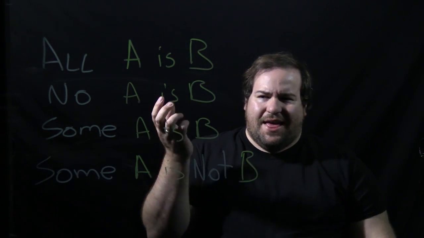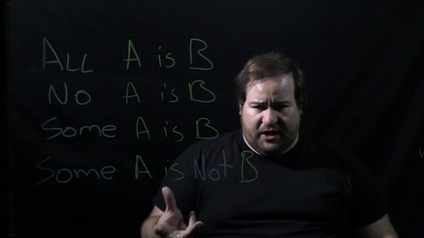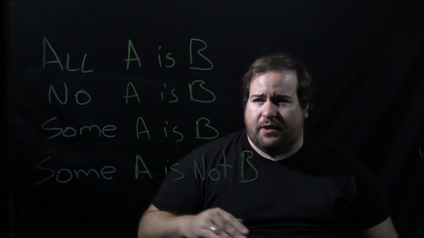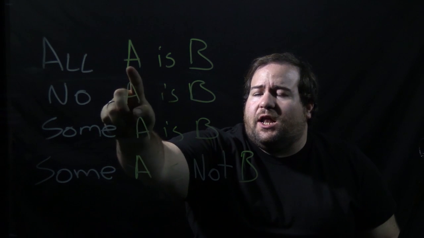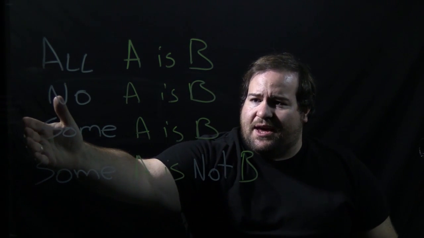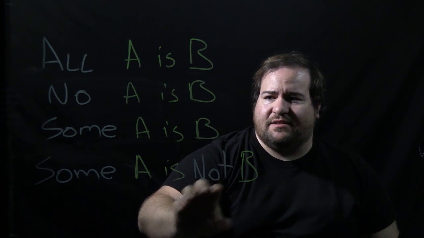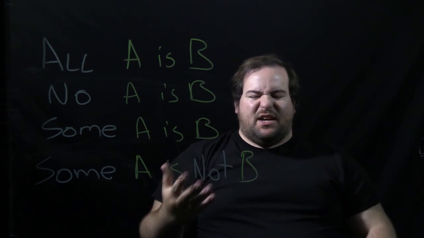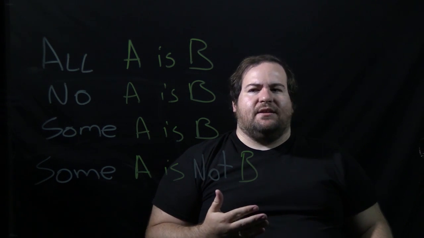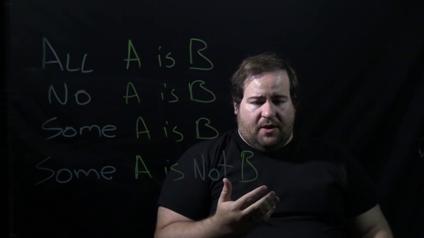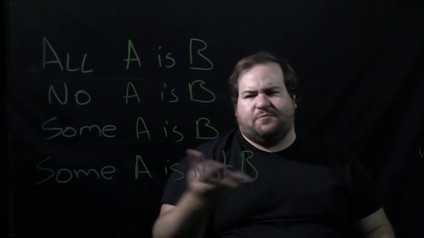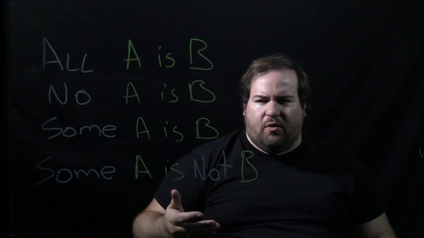Now, there are 8 standard forms for logical syntax in this informal way. We're going to focus on the first 4 of them, namely, all A is B, no A is B, some A is B, and some A is not B. Take the sentence as an example. Spider-Man is a human being. Now, we can represent this 2 ways. First, we could say that Spider-Man is a general category.